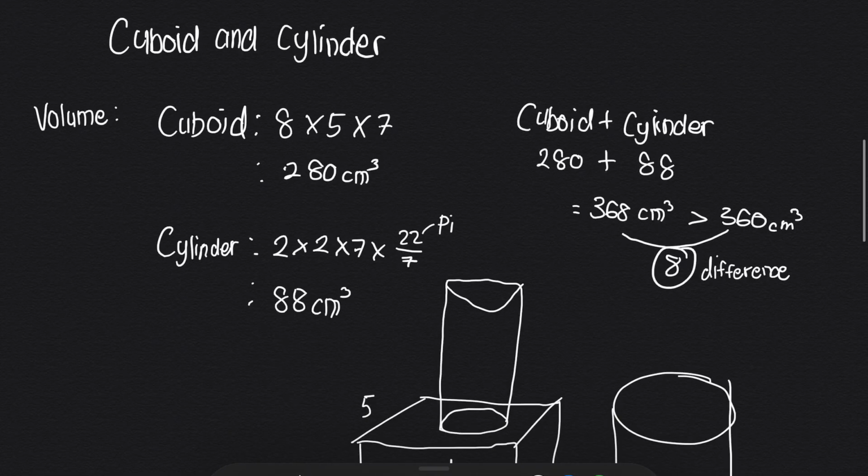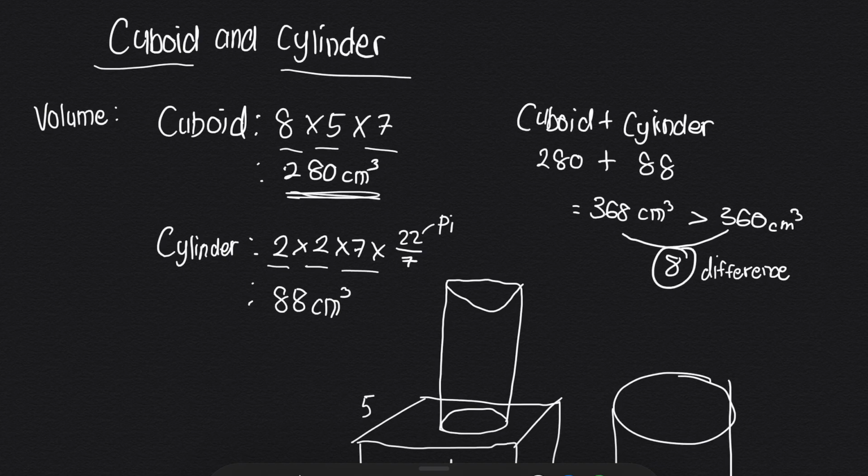Now for the second container, I'm going to be using a cuboid and a cylinder. The volume of the cuboid will be 8 times 5 times 7, which gives me 280 centimeters cubed. And for the cylinder, I'm going to be using 2 times 2 times 7 times 22 over 7 for the pi, which will give me 88 centimeters cubed.